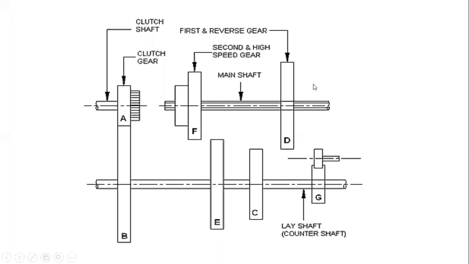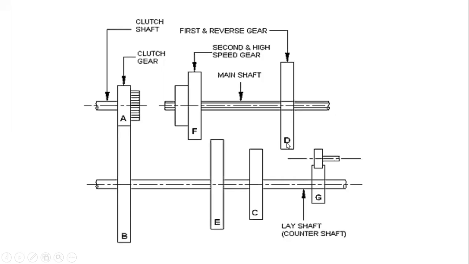Now assume that we are taking this gear D and bringing it so that it is touching gear C. Now look at the arrangement. NA is the smaller gear, rotating at say 1000 RPM. NB is the larger gear, if it is 4 times larger than A, it will rotate at 250 RPM. When it is rotating at 250 RPM, this entire shaft will rotate at 250 RPM, and also this gear C will be rotating at 250 RPM.